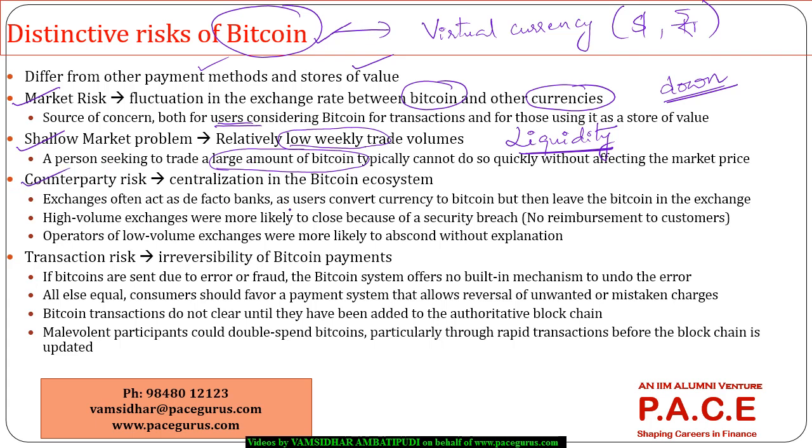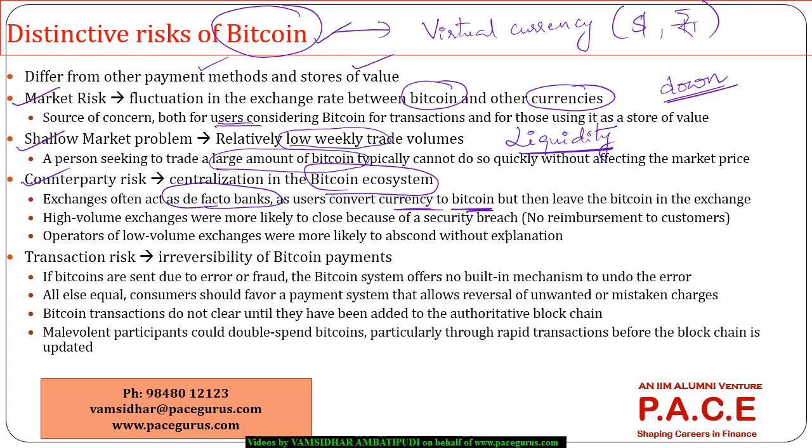Then there is a possibility of the counterparty risk. One, we have seen that the ecosystem of the Bitcoin is centralized. The various exchanges are acting as de facto banks with respect to the issuance. So when the users are converting their own current currency to the Bitcoin, the exchanges are acting as the de facto banks. But that's it.